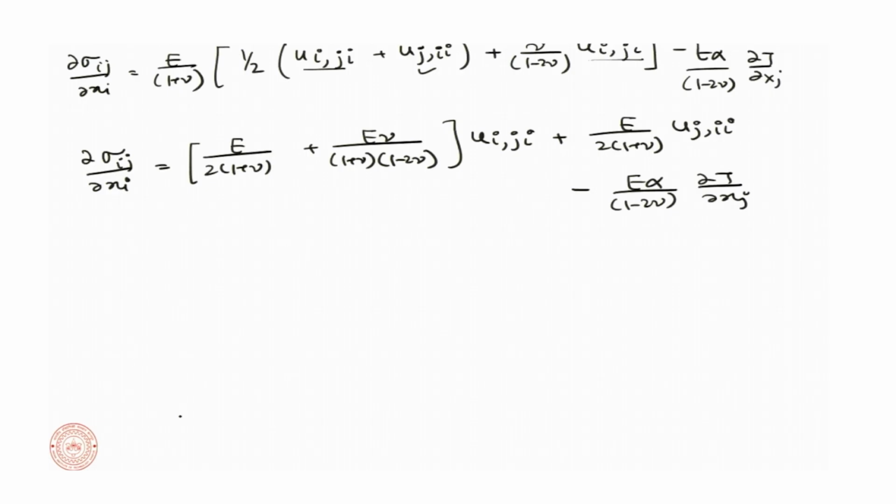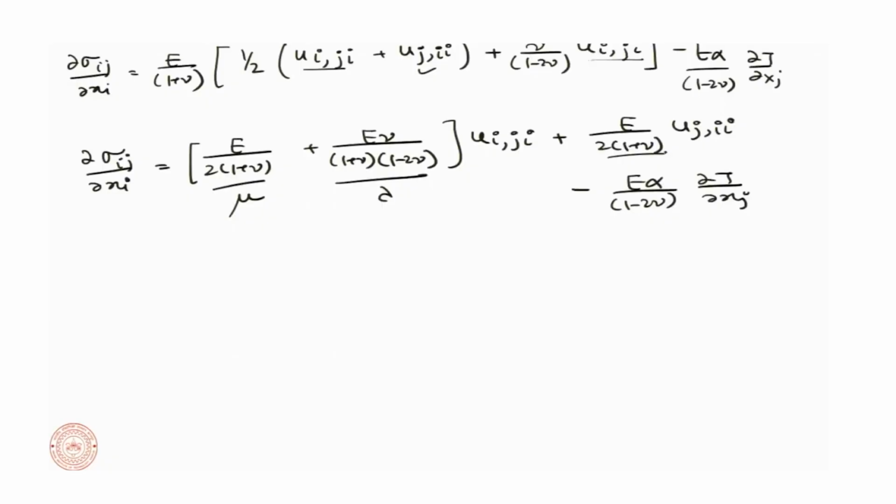Okay, now we are at some place. This term is given by mu, this term is given by lambda. Please refer to the last lecture. You will find that when we talked about bulk modulus, we have defined the shear modulus, we have defined the bulk modulus, and we have defined the Lame constant.